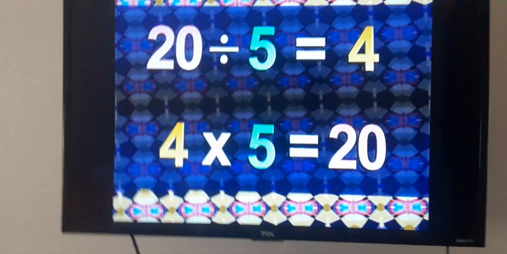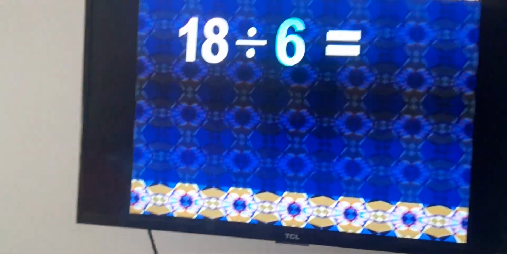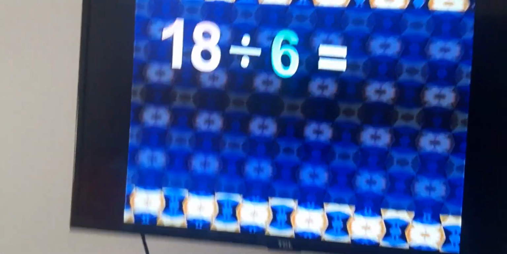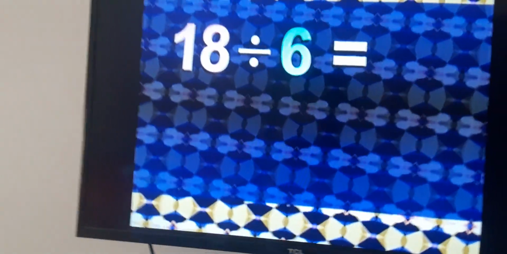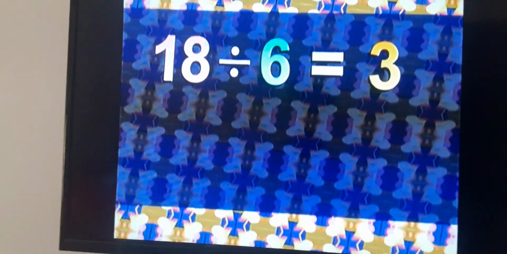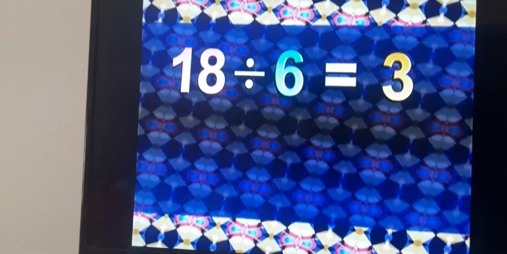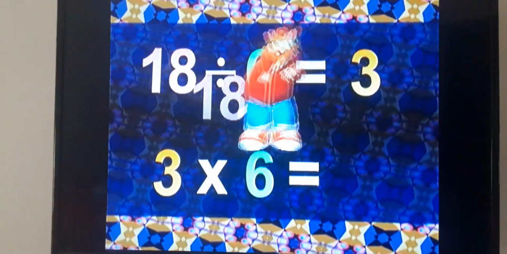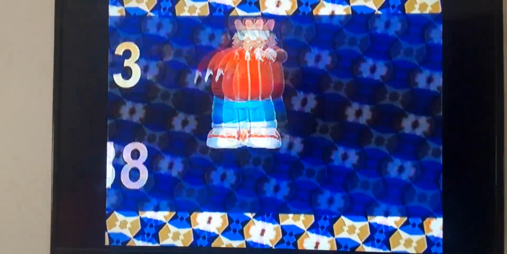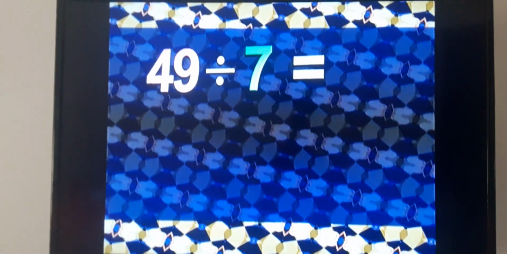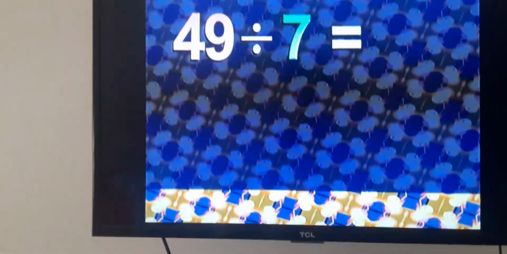Because 4 times 5 is 20. 18 divided by 6 is 3. Because 3 times 6 is 18. 49 divided by 7 is 7.